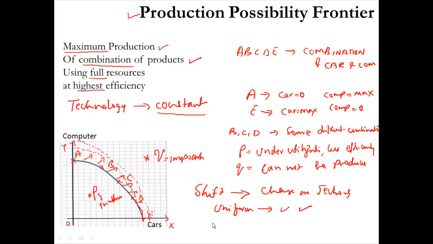Shift will be only more towards computer and less towards car if technology impacts more of computer. That is all about change in technology and its impact on the production possibility frontier and how it shifts rightwards.